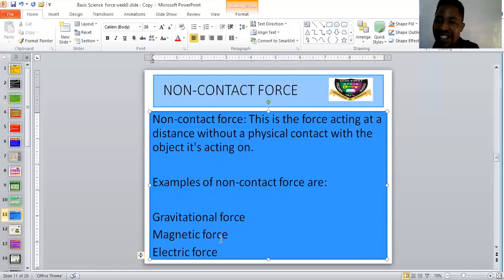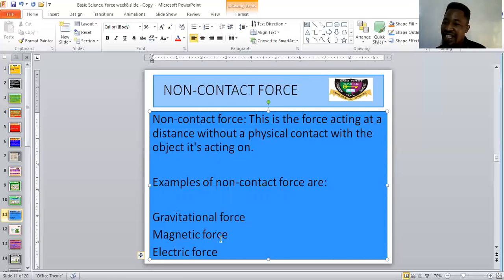What you will realize is that the nail will be stuck at that position, despite the fact that the magnet is not physically touching the nail. If you move the magnet underneath the table, the nail also moves in the direction in which you are moving the magnet. As you move the magnet, the nail moves. So that is a non-contact force.